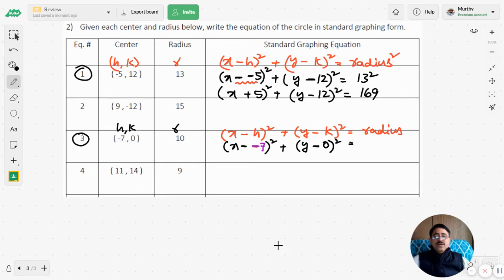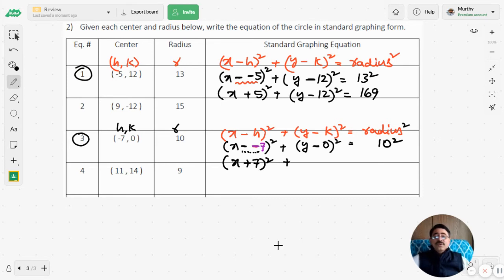Okay, equals to, my bad, it is radius square. So what is the radius here? You see that it is 10 units, therefore 10 square. So you know what negative of negative is? That gives me positive.